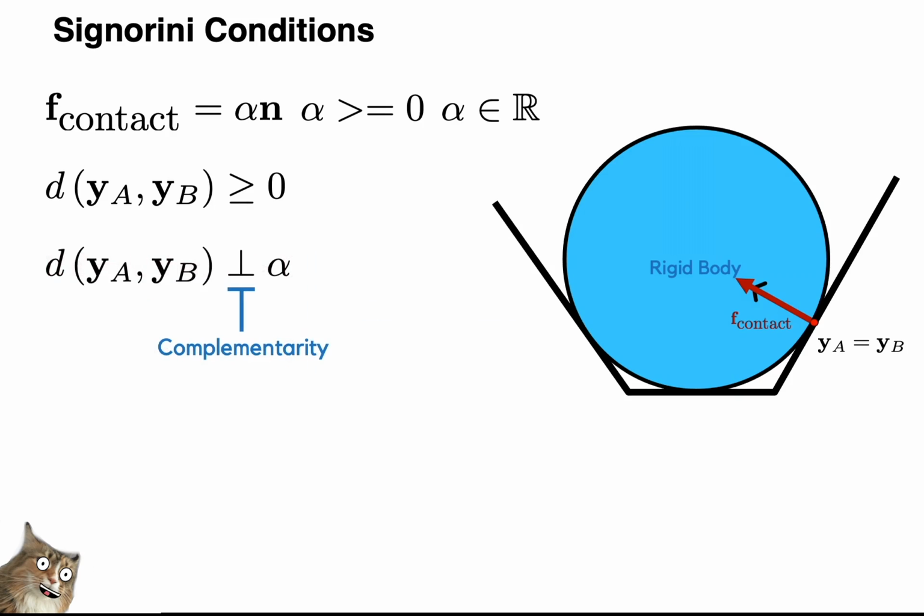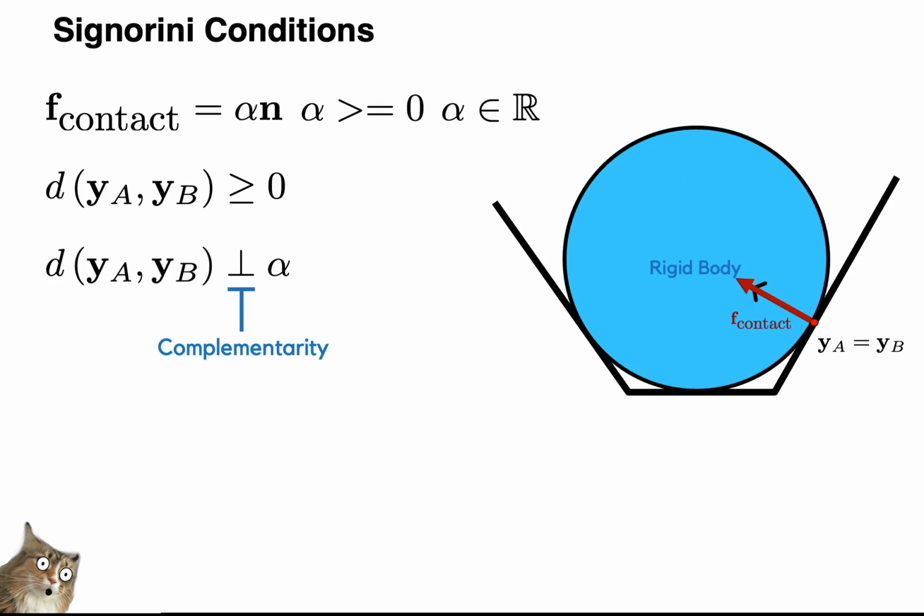Why use this symbol? Well, you should be able to convince yourself that if you have a vector of distances and a vector of alphas that satisfy our if statement, that the dot product of these 2 vectors will be 0. In other words, the vectors will be orthogonal. The notion of complementarity gives us a compact set of constraints that define successful contact resolution.